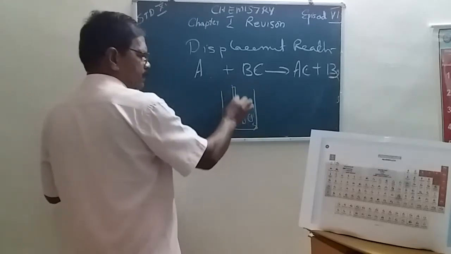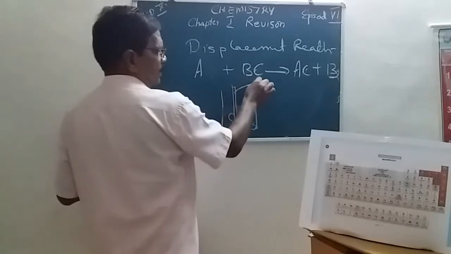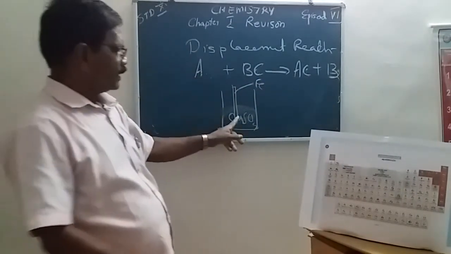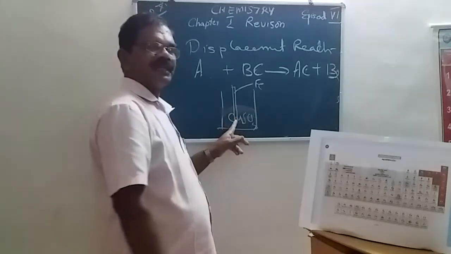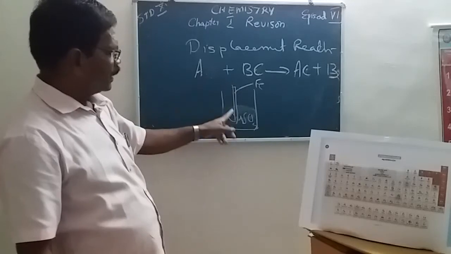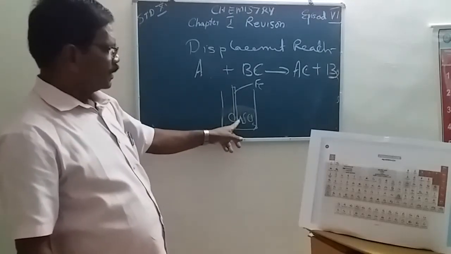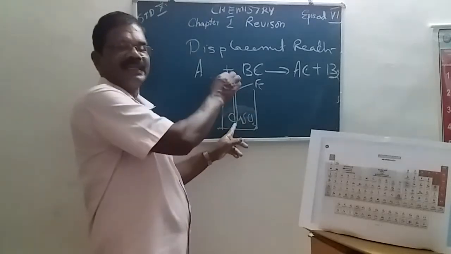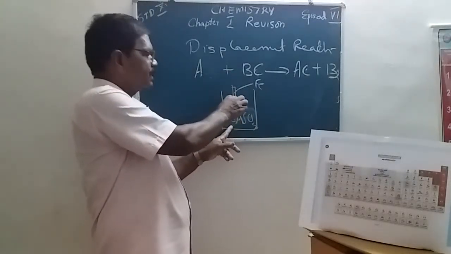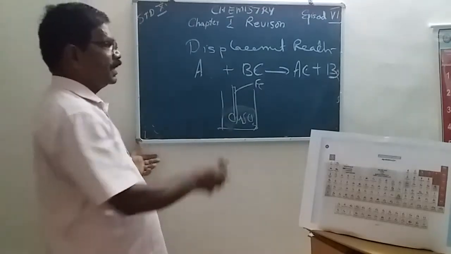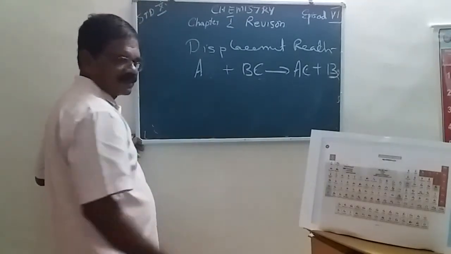If an iron rod is placed in it, imagine what happens: iron liberates copper from the copper sulfate. If a zinc rod is placed, zinc also liberates copper from it. If lead is used, lead also liberates it. The more active element displaces the less active element from its compound. That is known as a displacement reaction.